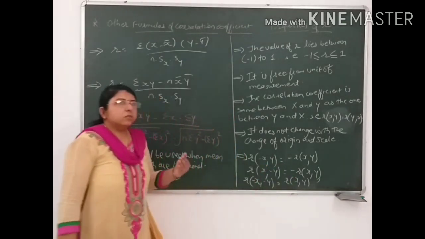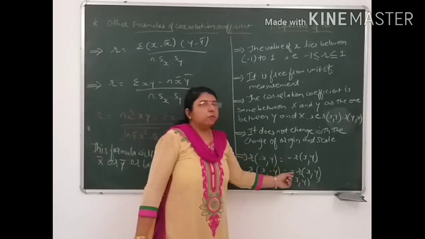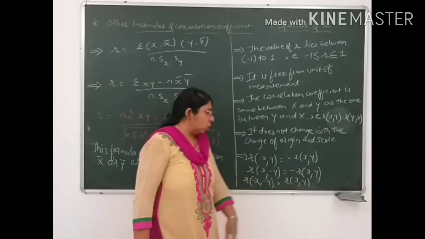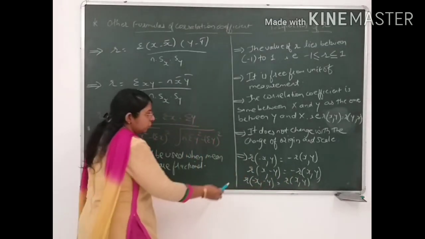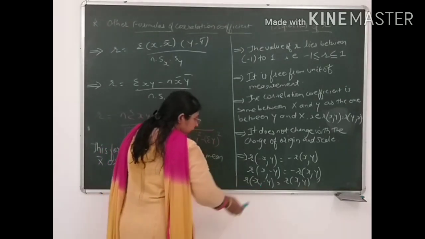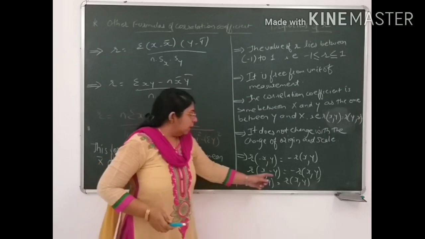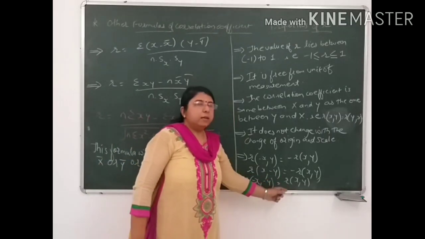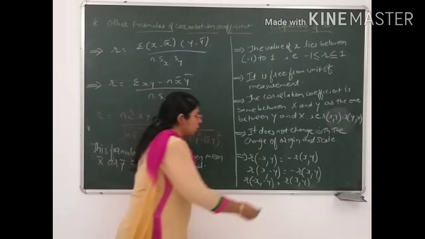It means if the sign of either variable changes, then the sign of the correlation coefficient also changes. And if the sign of both variables changes, here x and y both negative, then there would be no change in the sign of the correlation coefficient. It will be as it is, that is positive.